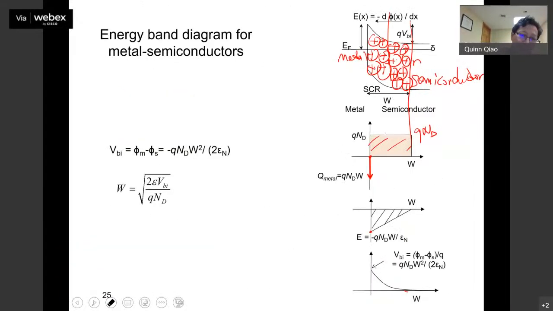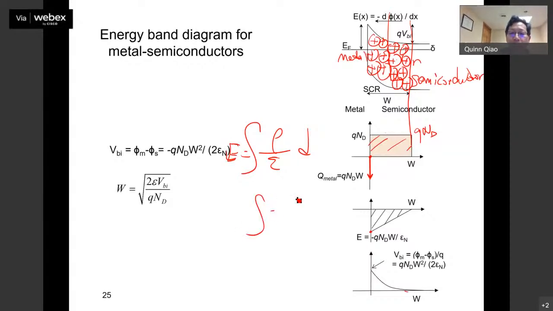You can find the carrier density, the charge density, you do integration of this, you get E, the electric field. And from the electric field E, you get this V potential, or you get qV. Typically, from the electric field you get V, the potential, and then you multiply q, you get that energy level.